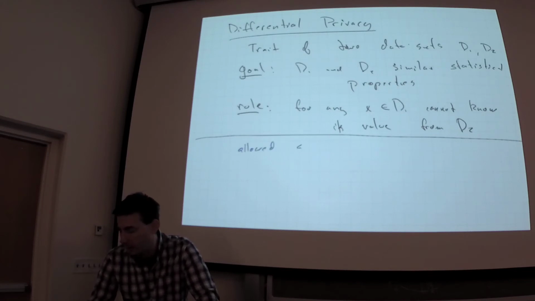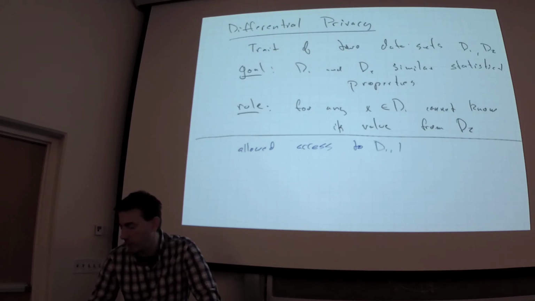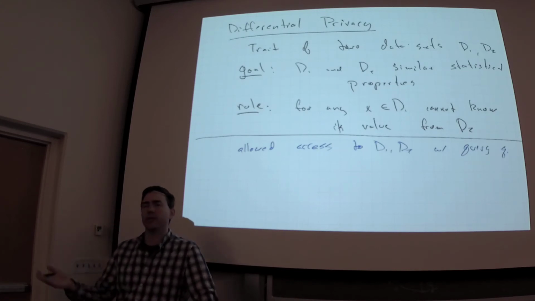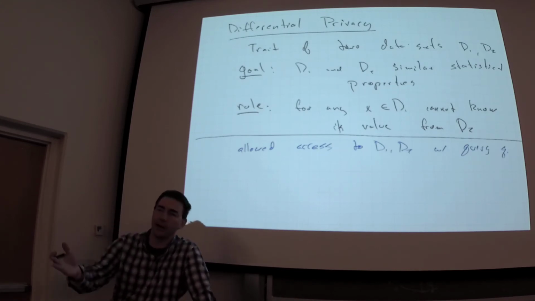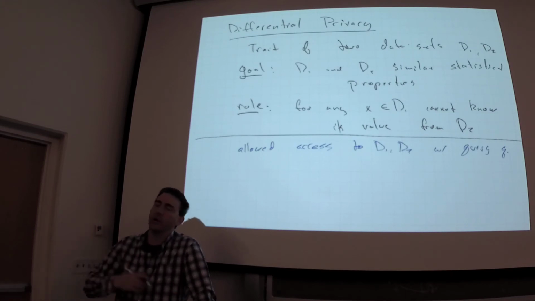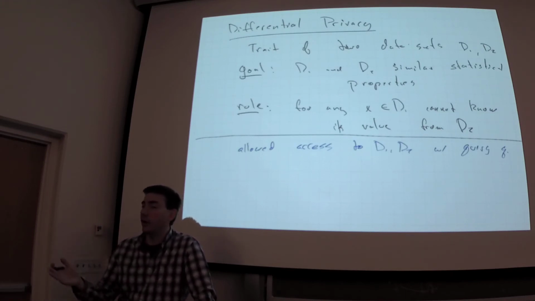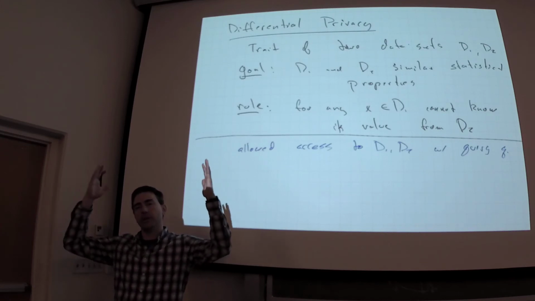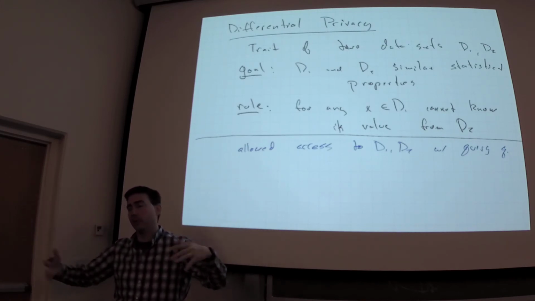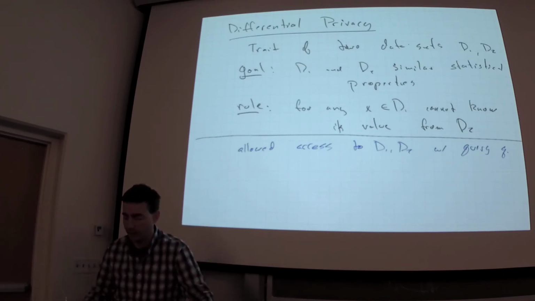So I'm allowed access to D1 or D2 with a query Q. If you think of a database, I can issue a query, but think of this query as I want an average value of some trait, or I want how many people live in this region, this set of zip codes. I want the total number of people, or the total number of people who have cancer in here, right?